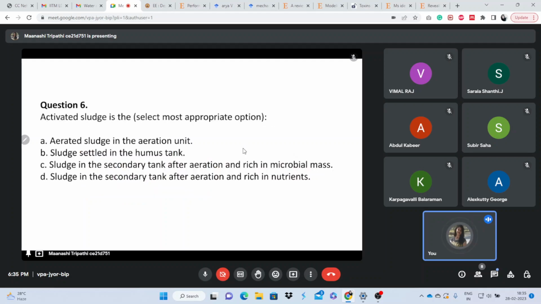Coming to the next question, activated sludge is the, we have to select the most appropriate option. This question contains just one option. Try to answer this question.